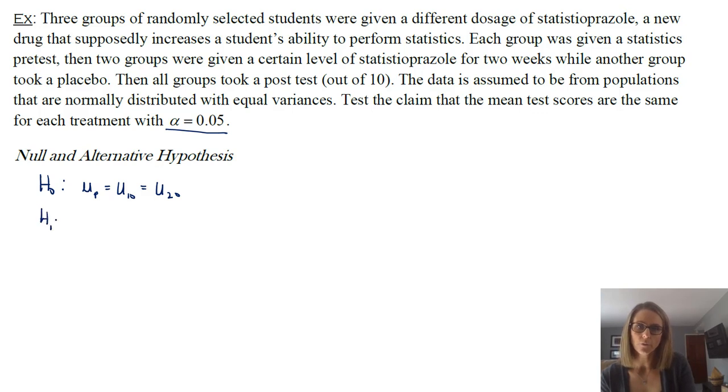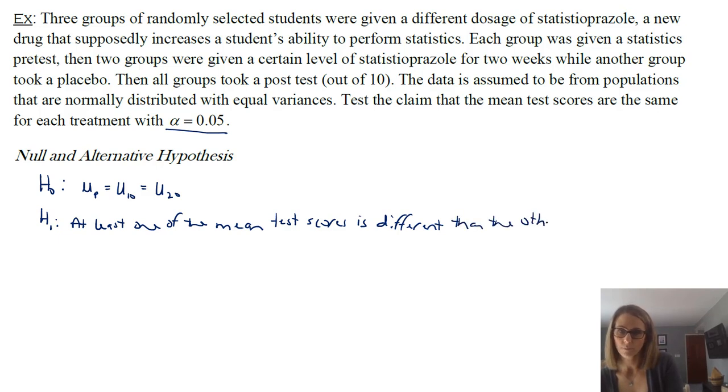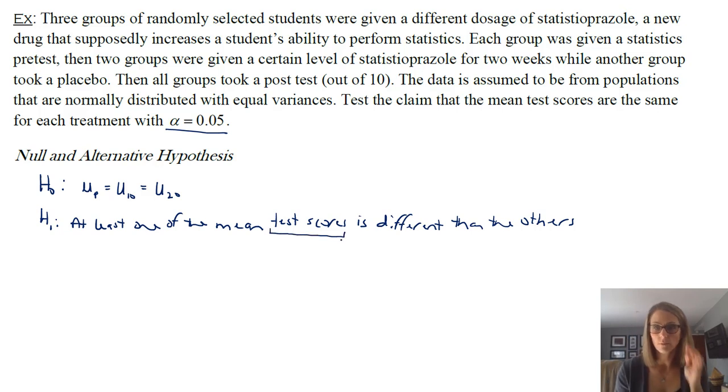Your alternative would just be that at least one of the mean test scores is different than the others. Notice that the only thing I'm adding from what we saw in the notes is test scores, because that's what we're talking about here, mean test scores.